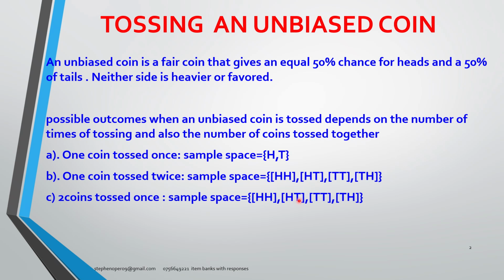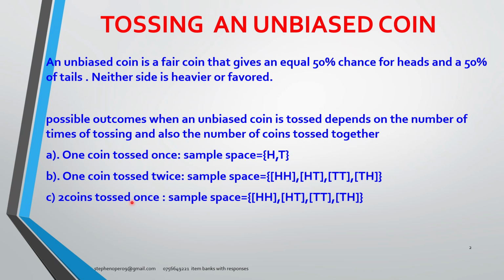But tossing once and together, there is a possibility of the first one showing a tail, the other one showing a head, and lastly a tail and a tail. So still giving us 4 elements in the sample space, with 4 possible outcomes, and this makes the number of sample space 4.